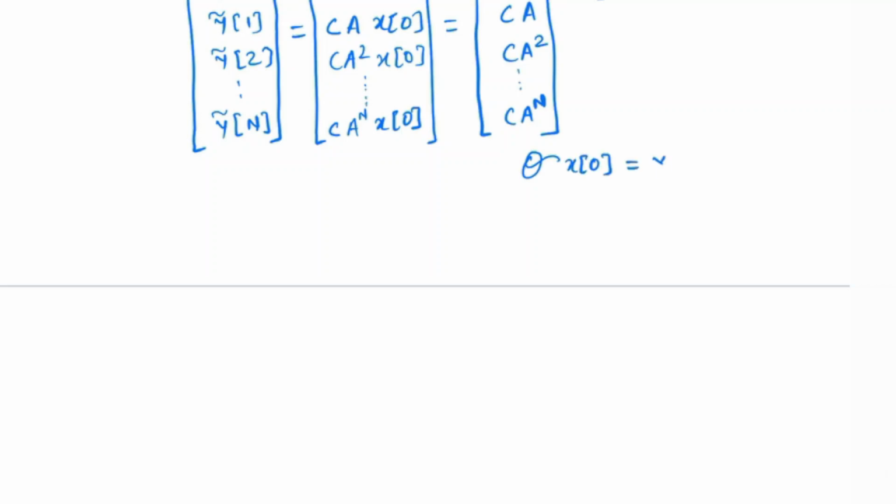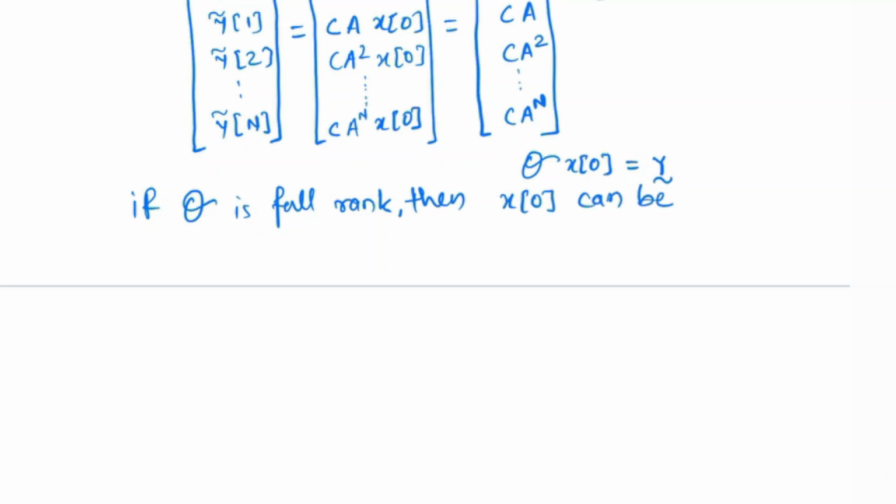This is, say, capital Y. So if your O is full rank, then x naught can be uniquely determined.